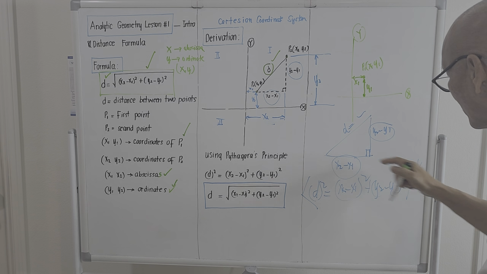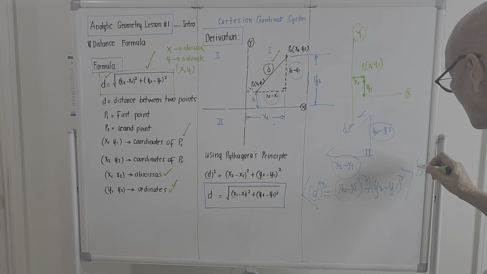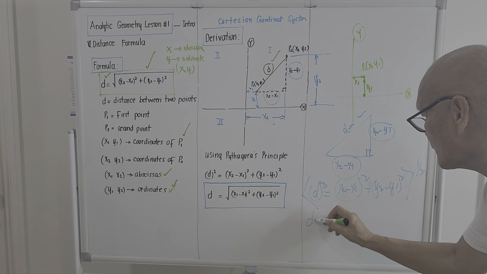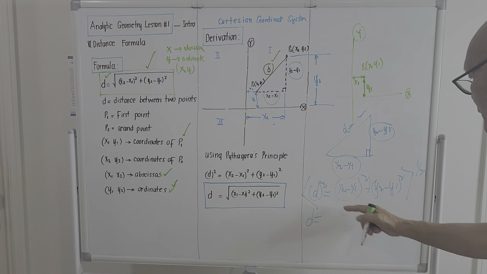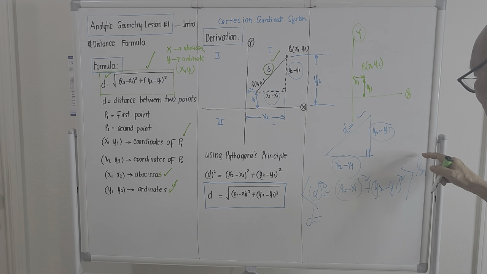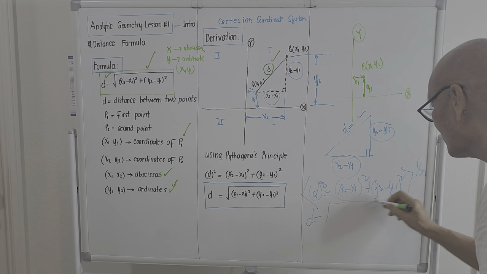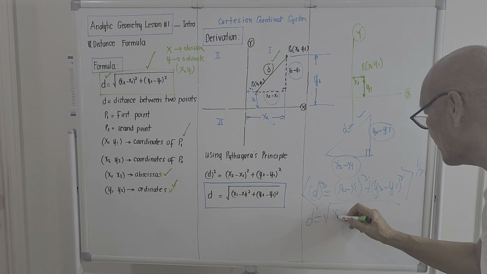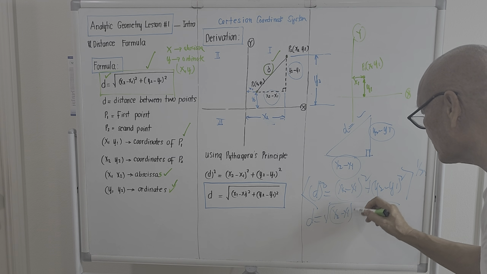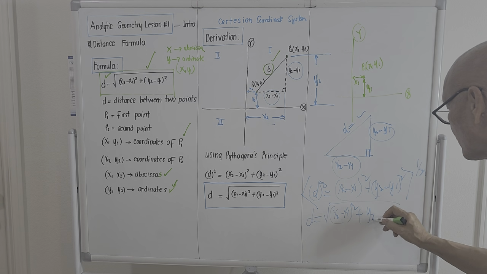So d square raised to the 1/2, these two here cancel with this. So it will now just be simply d. Okay? The total right-hand side raised to the 1/2 will just be simply the square root of x sub 2 minus x sub 1 quantity square plus y sub 2 minus y sub 1 quantity square.